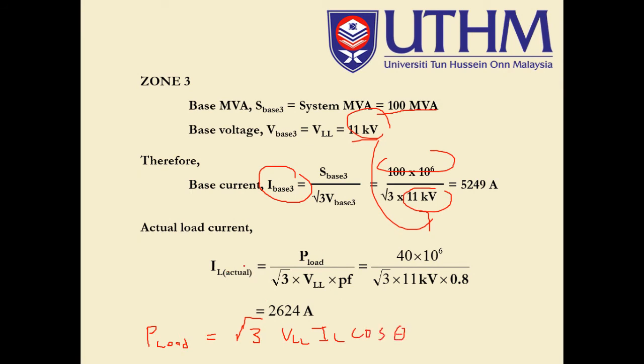Rearranging in terms of I_L actual, we have P load over square root 3 multiplied by V_LL and power factor. The 40 megawatt is again provided in the question, with square root 3, V_LL of 11 kV, and the power factor from the question. So I_L actual is 2624 ampere.